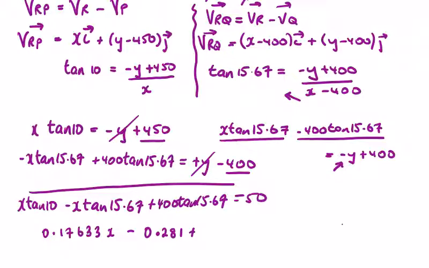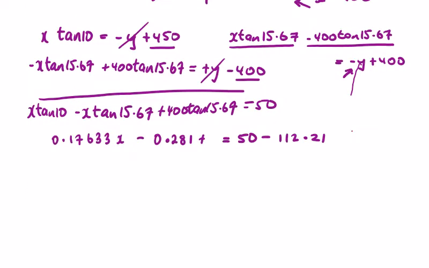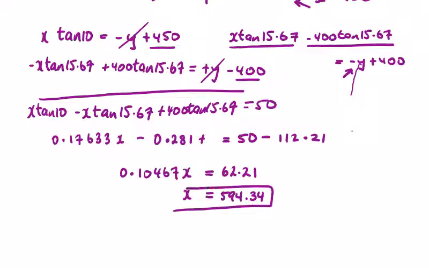So we're going to bring it across and we're going to get equals 50 minus the 112.21. So simplifying this, we're going to get 0.10467x is equal to 62.21. So x is equal to 594.34. I think it's still slightly off, but this is what I'm getting.